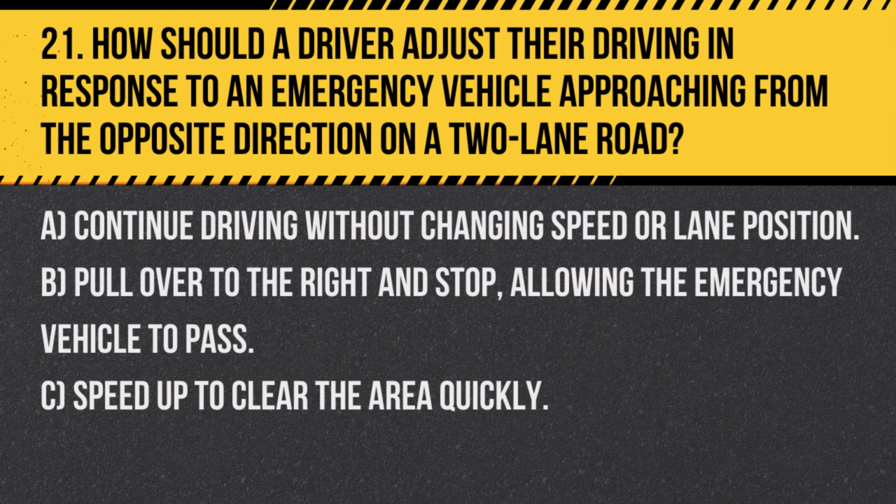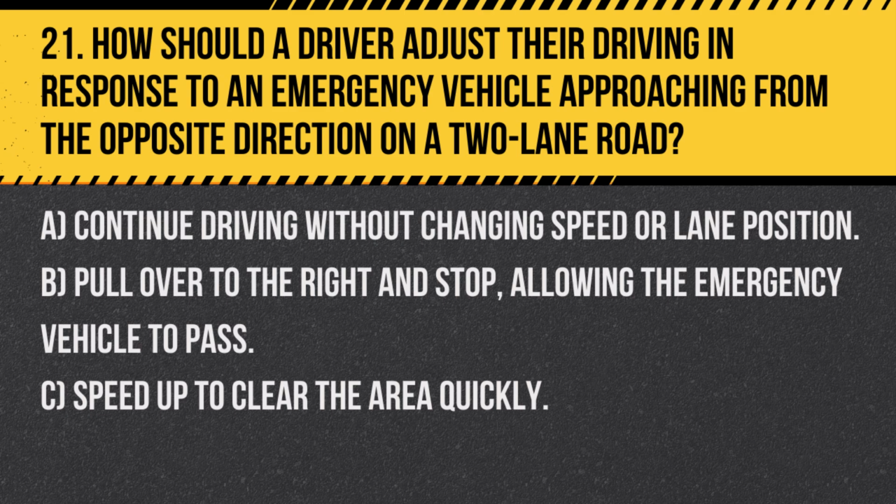Question 21. How should a driver adjust their driving in response to an emergency vehicle approaching from the opposite direction on a two-lane road? A. Continue driving without changing speed or lane position. B. Pull over to the right and stop, allowing the emergency vehicle to pass. C. Speed up to clear the area quickly.